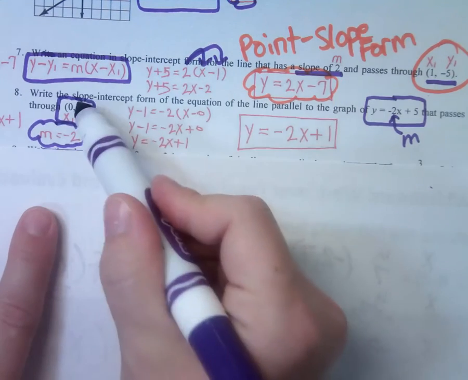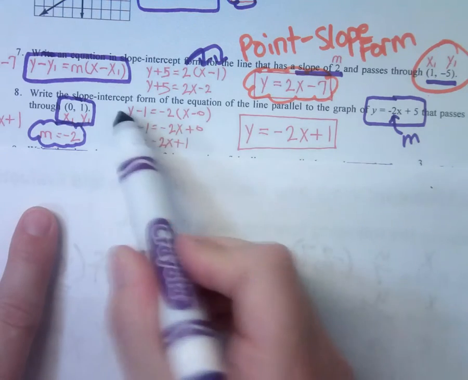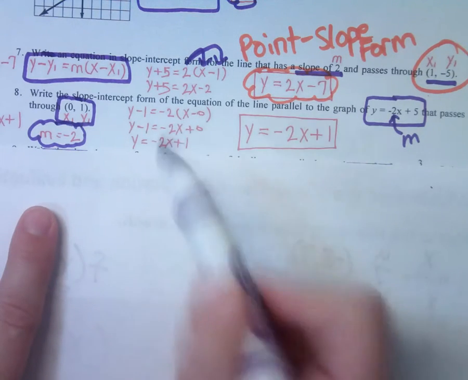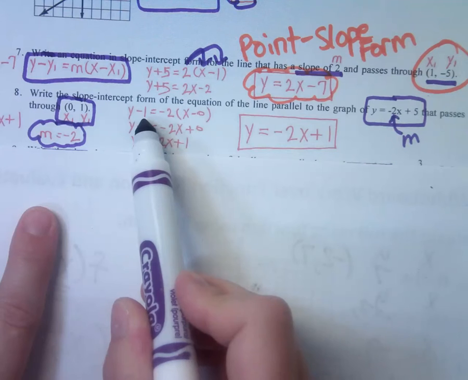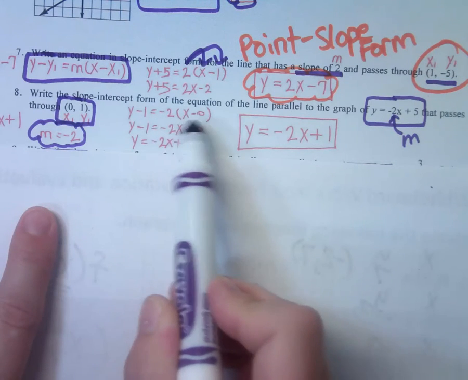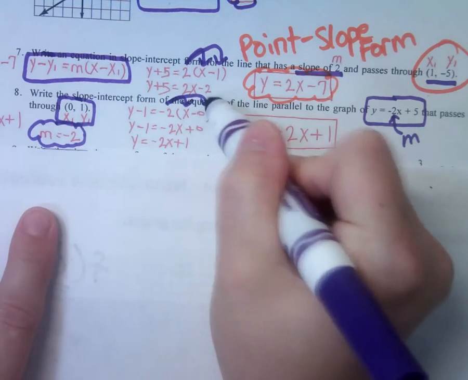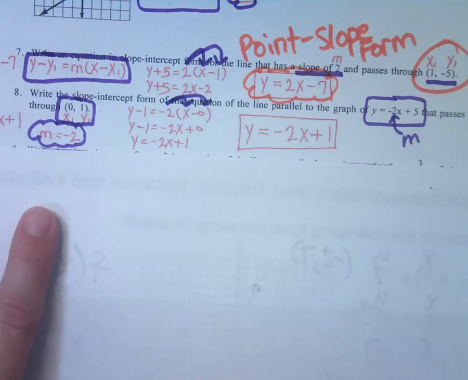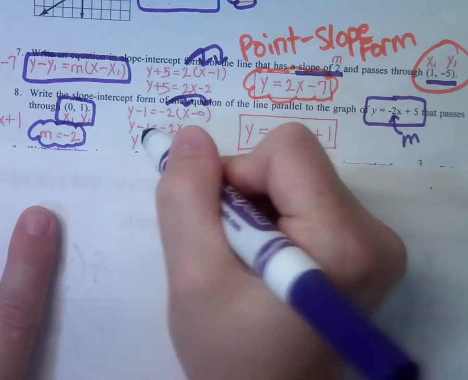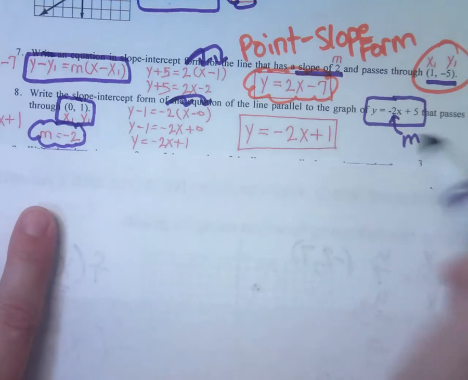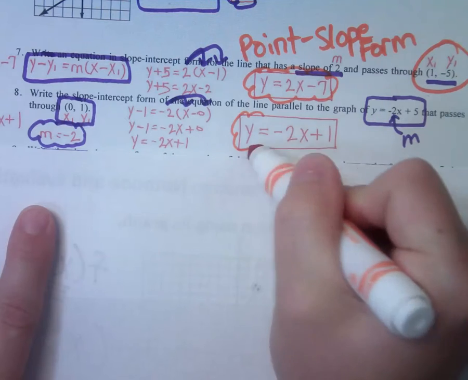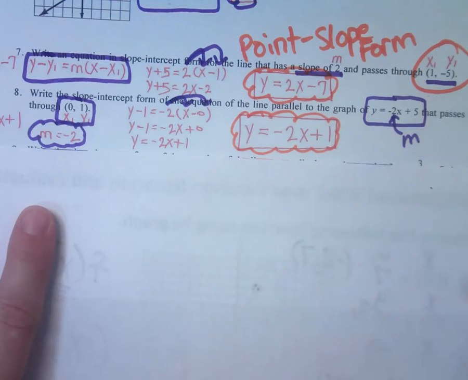So once again, I have a point and a slope, so I'm ready right now for my point-slope form. So y minus the y coordinate equals slope times x minus the x coordinate. I distribute the -2. I get rid of my -1 by adding 1 to both sides. And I get my final answer of y equals -2x plus 1.